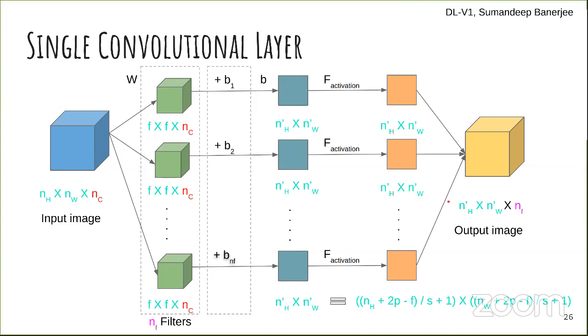Different dimensions, but the whole concept is similar. So when we apply a second layer, nh dash becomes nh for the second layer, nw dash becomes nw for the second layer, and nf actually becomes nc for the next layer. In this case, if there are maybe 10 filters, it appears to the second layer as an image with 10 channels.